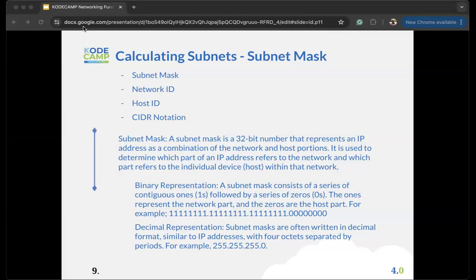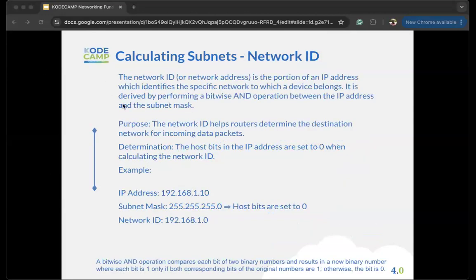Okay. So let's look at the network ID. The network ID is a portion of the IP address which identifies the specific network to which the device belongs. When you perform a bitwise AND operation between the IP address and the subnet mask, you get the network ID. Routers use the network ID to determine the network to which they are sending packets, right?